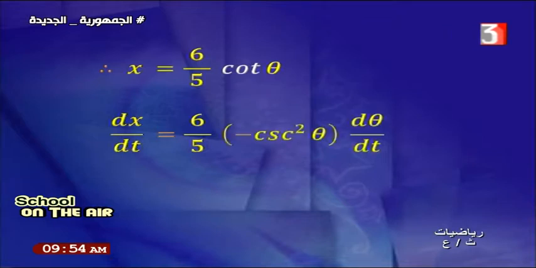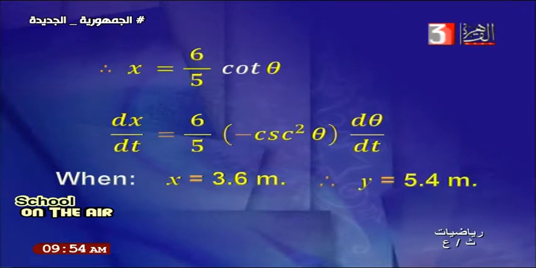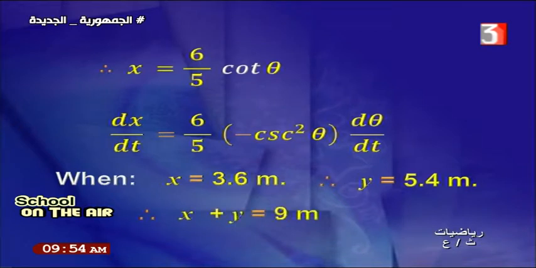The derivative of cot theta equals negative cosec squared theta times the derivative of the angle with respect to time, which equals d theta/dt. When x equals 3.6 meter, then y equals 5.4, then x plus y equals 9 meter.